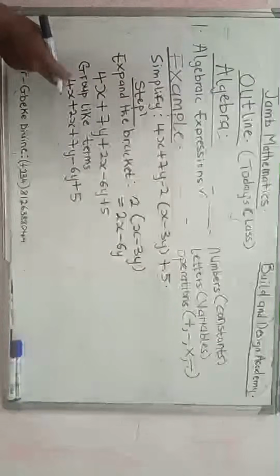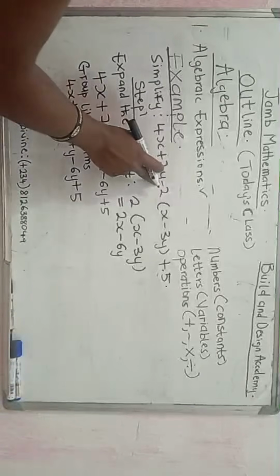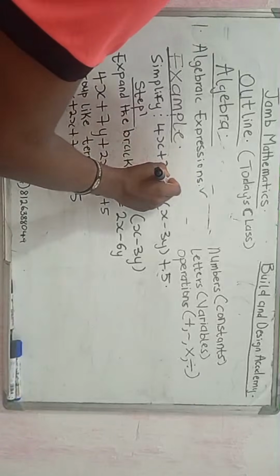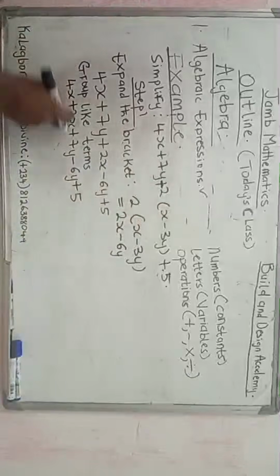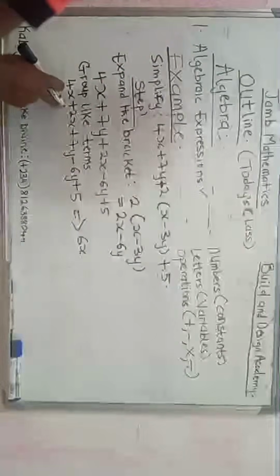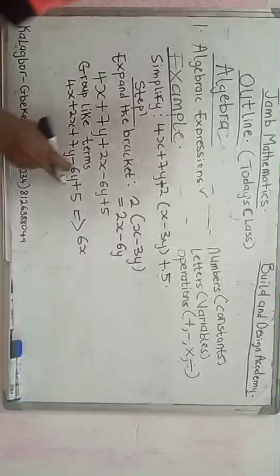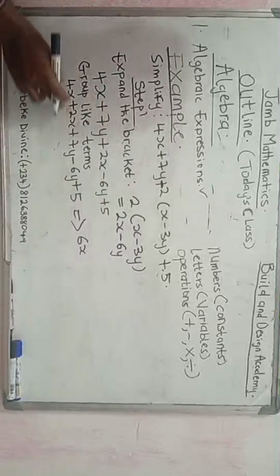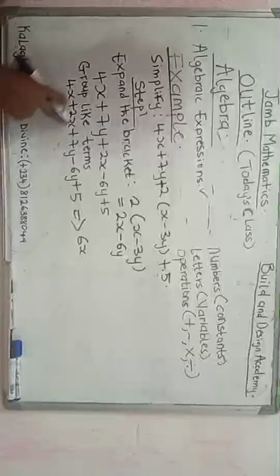So now 4x plus 2x will give us 6x. Then 7y minus 6y. Remember I told you that you can only add or subtract them if they have the same variables and the same power.